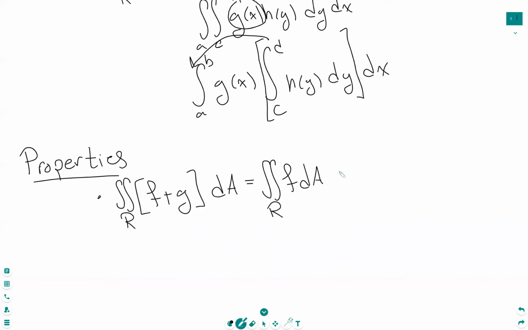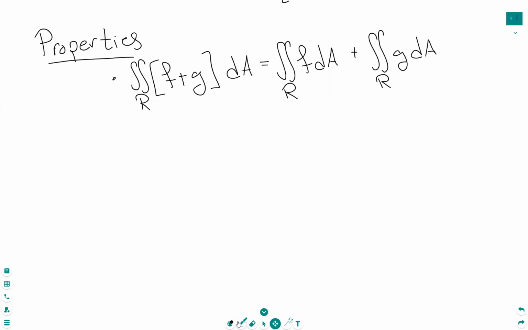And that comes with some really nice properties. Should be plus, there we go. So we can distribute this operator across these functions, so long as f and g are integrable.